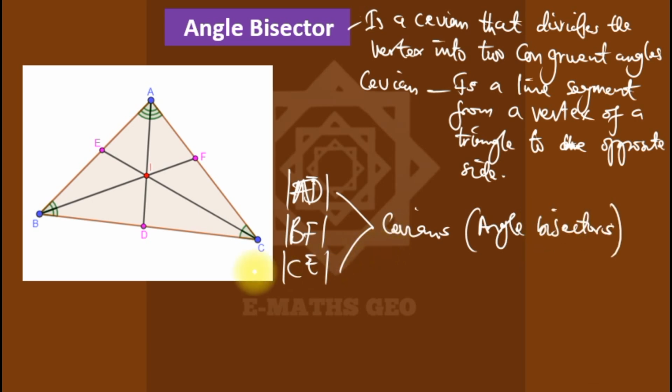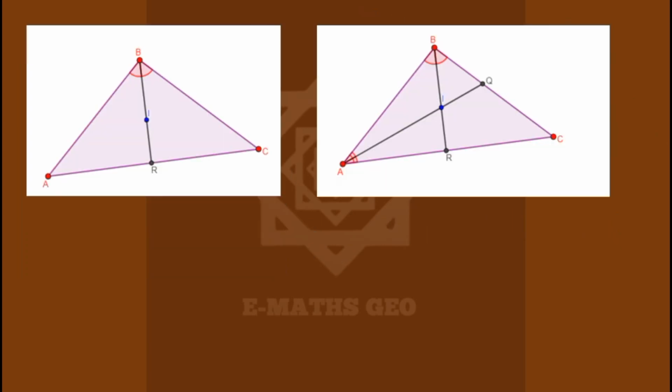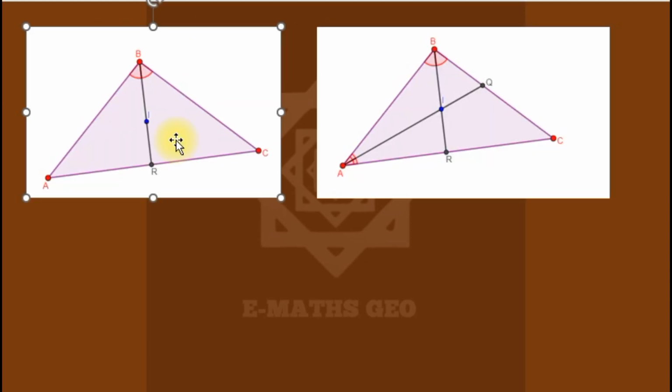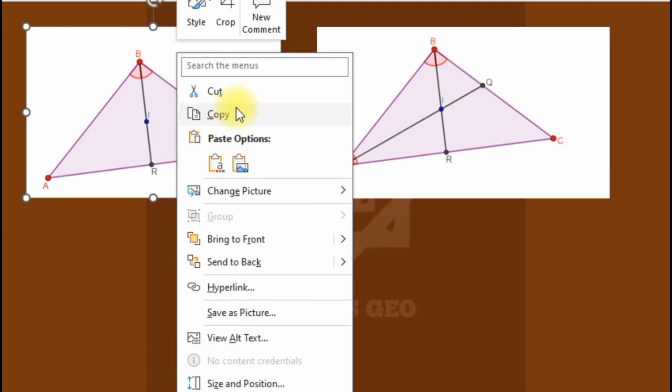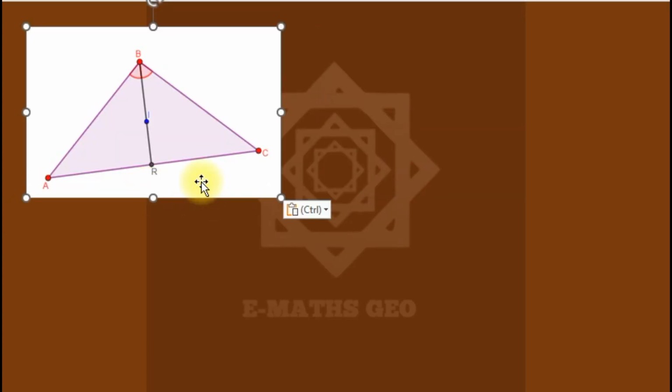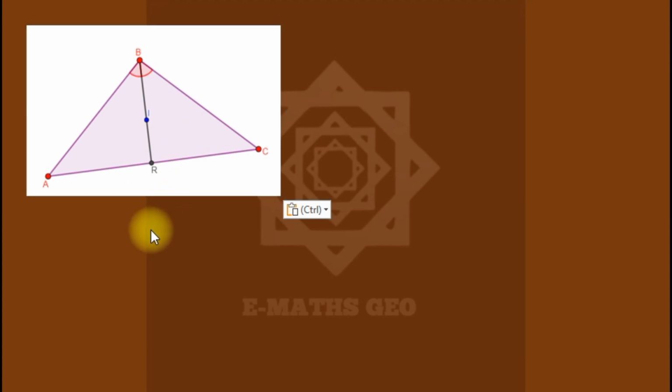We still have other Cevians like the median. So let's prove that. To prove it, we need two diagrams. Let me just copy this. Before I solve that question, let's recap two theorems. The first one is the angle bisector theorem.